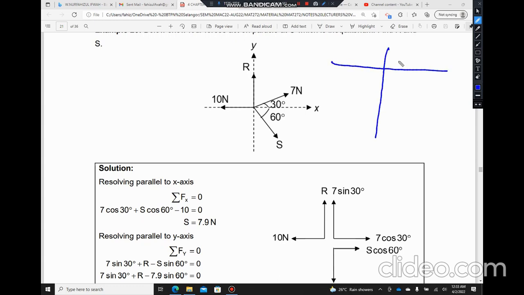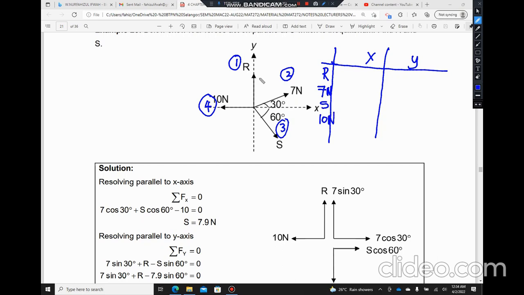Okay, saya lebih suka sebenarnya gunakan cara table supaya awak jelas nampak. Okay, so cara table, so kita kira berapa force kita ada. 1, 2, 3 and 4. Okay, so kita letak kat sini 1 is R kan, force untuk R, and then another one is number 2, 7 Newton, force number 3 is S, and then force number 4 is 10 Newton.